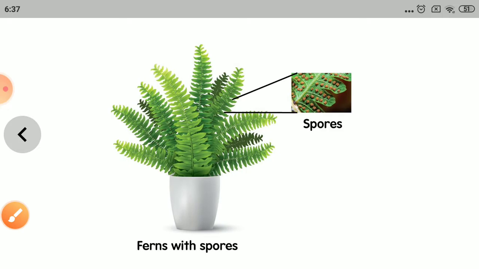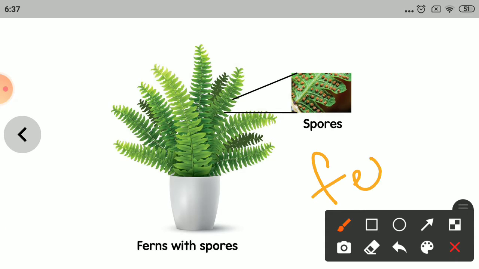Another one is your fern plant, which we are also growing nowadays as an indoor plant. In this fern you have to notice this thing very carefully: the brownish, small granule-like structures that are called spores, which are present on the lower side of the leaf. So those structures we call spores.